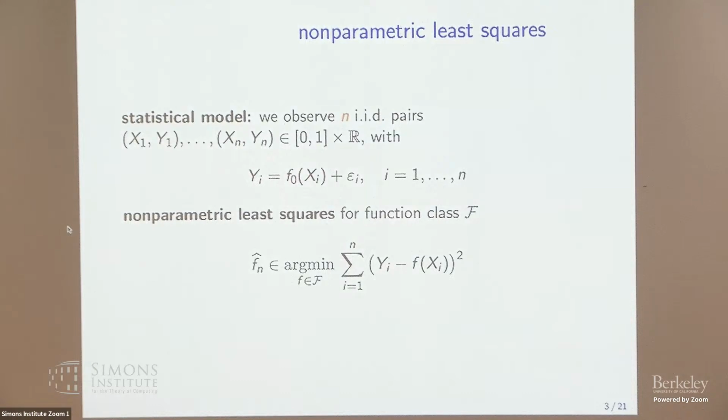On top of that, the responses have measurement errors that we assume to be standard normal. Non-parametric least squares means we compute the empirical risk minimizer over some function class calligraphic F in order to recover this unknown function f0 from the data.